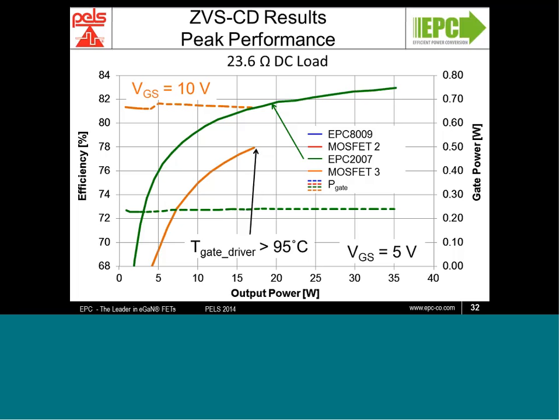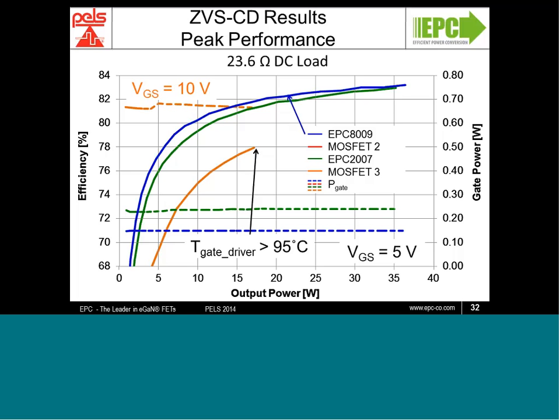Then we tested the EPC 8009 under the same conditions, and we can see that the significant drop in the gate charge has allowed the converter to operate even more efficiently at the low power end, and we do not take a significant hit for the increase in on resistance at the high power end.